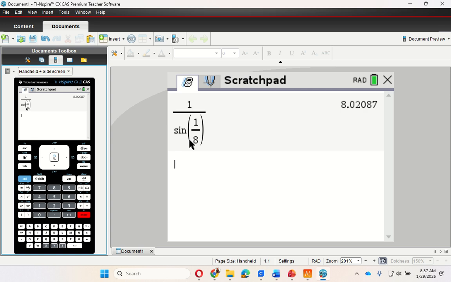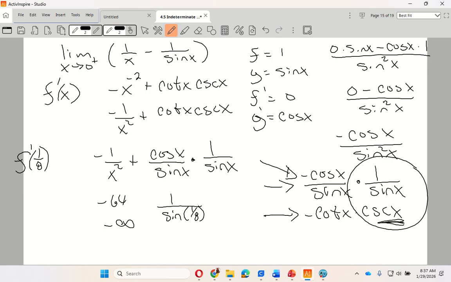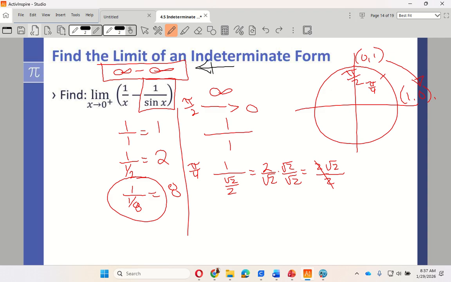Since it's 1 divided by that number, what's happening every time? As I'm getting closer and closer, the number keeps getting bigger, right? And that's what I was trying to show yesterday when we had this right here.